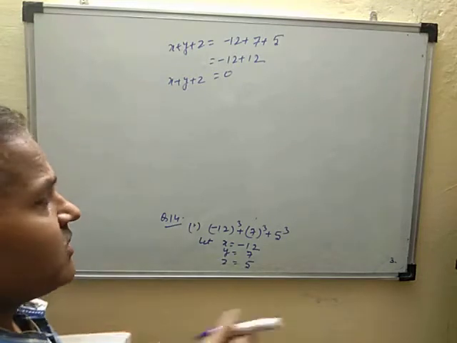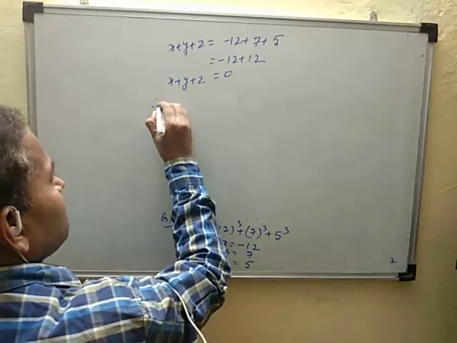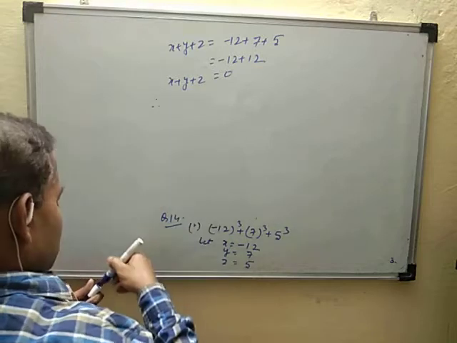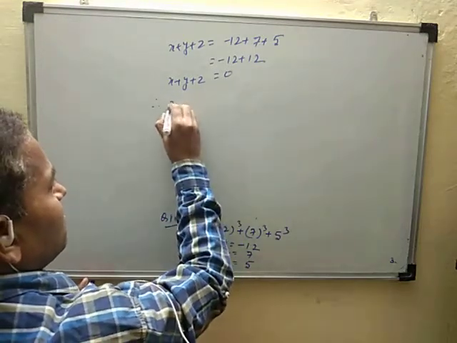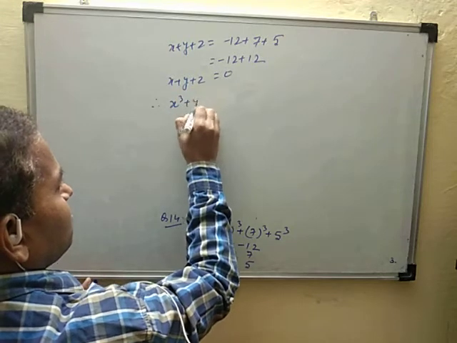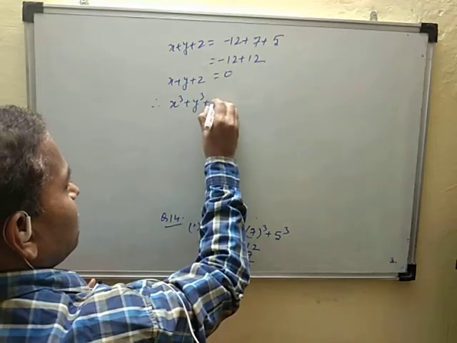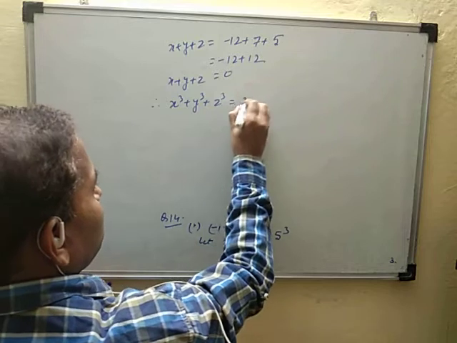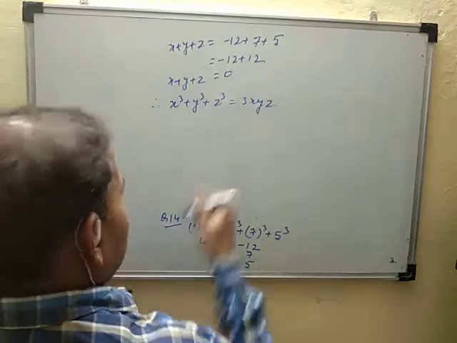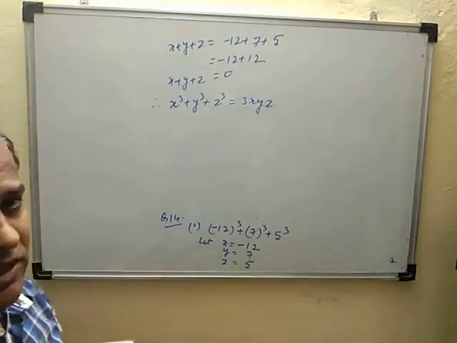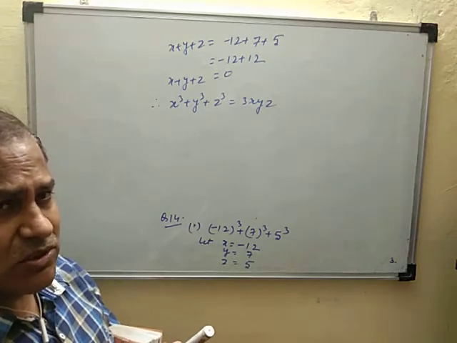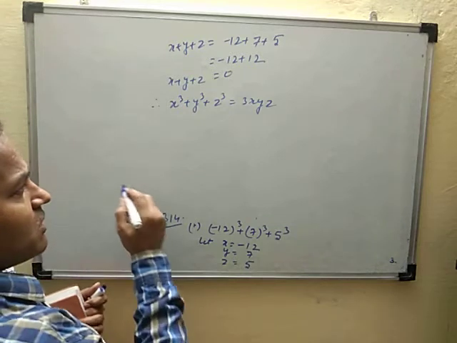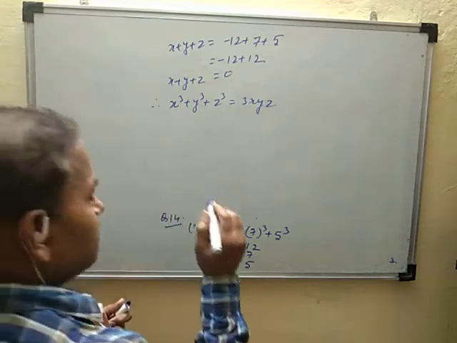So use the identity. Therefore, as in your previous question, x plus y plus z is equal to 0, therefore x cube plus y cube plus z cube is equal to 3xyz. This is the identity. Now put the values of all the terms.